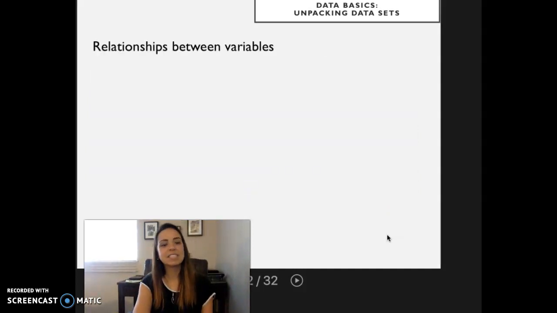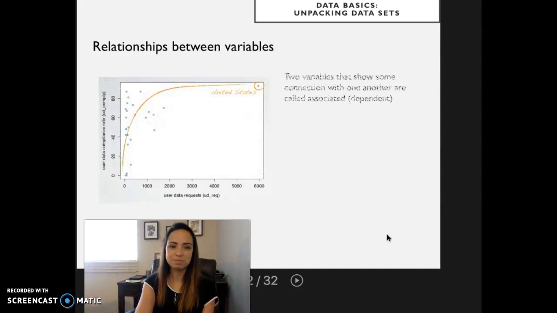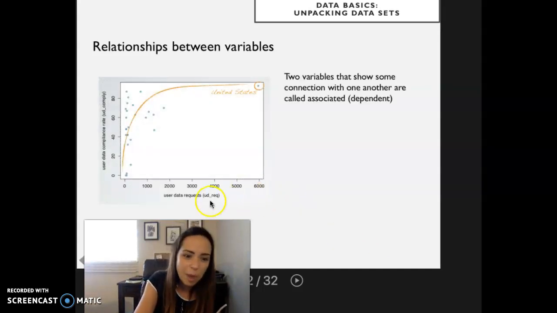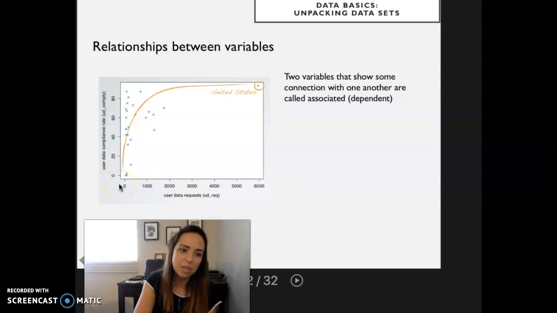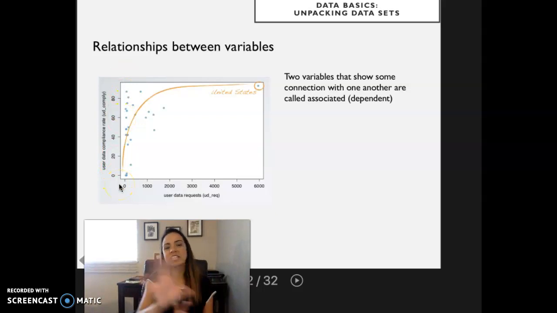Very good. So now let's move on to relationships between variables. Here on the x-axis, we have user data requests, and on the y-axis, we have user data compliance rate. We're looking at the relationship between these two variables, and hopefully you can see that there is a connection between them, right?